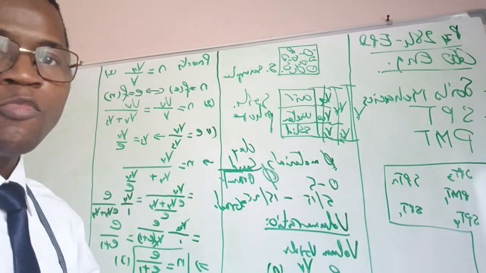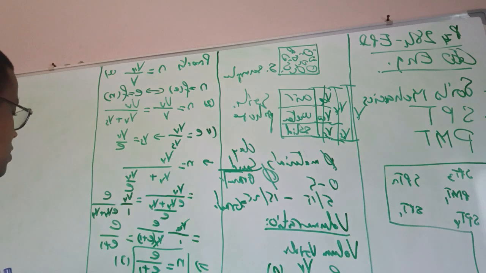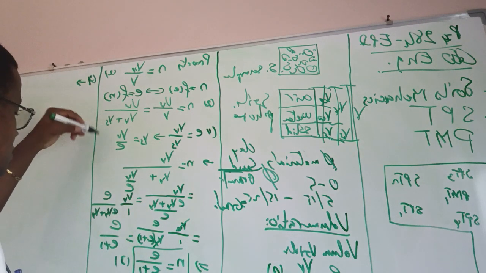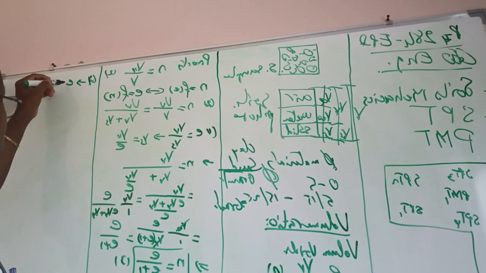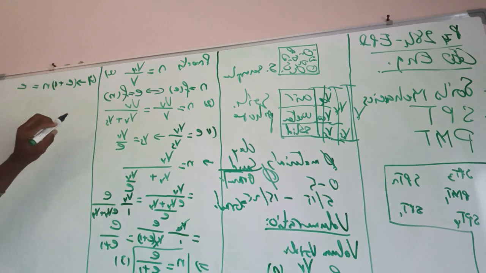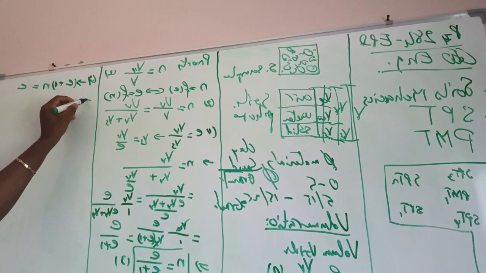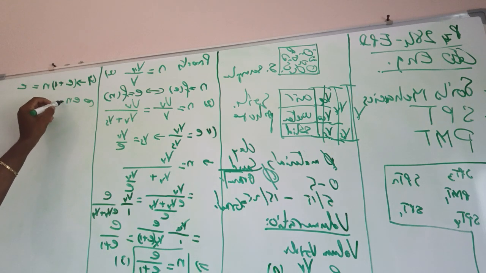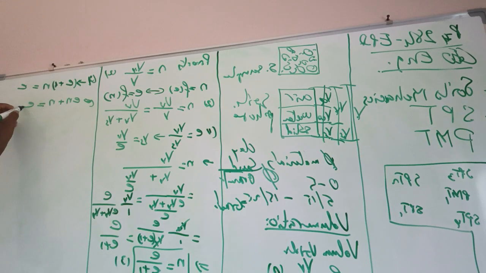Now you can move backward, knowing that from equation 3 you can say that n times e plus 1 will be equal to e. Now you move e to one side and the other term to the other side.